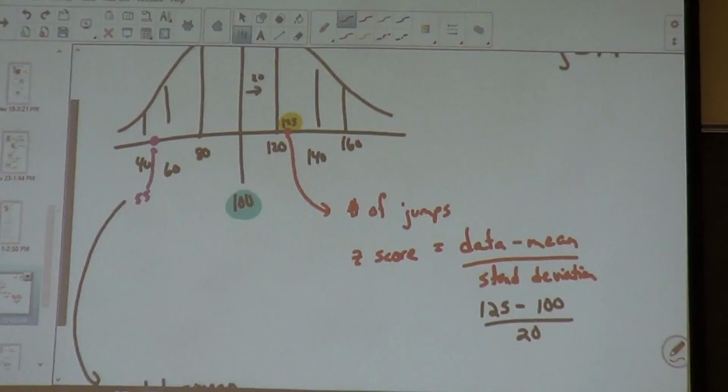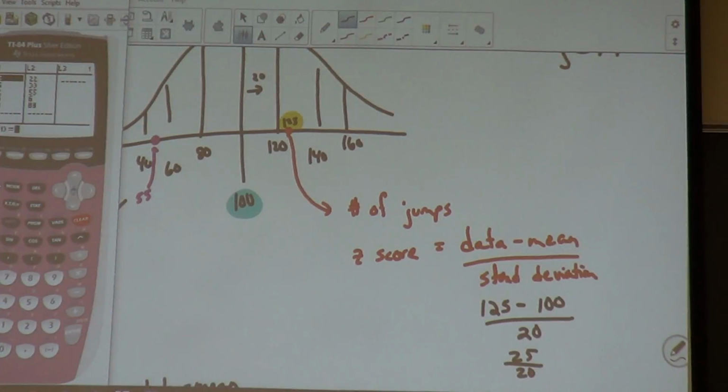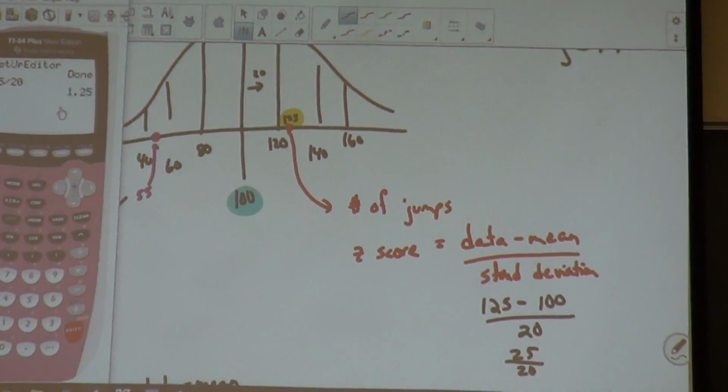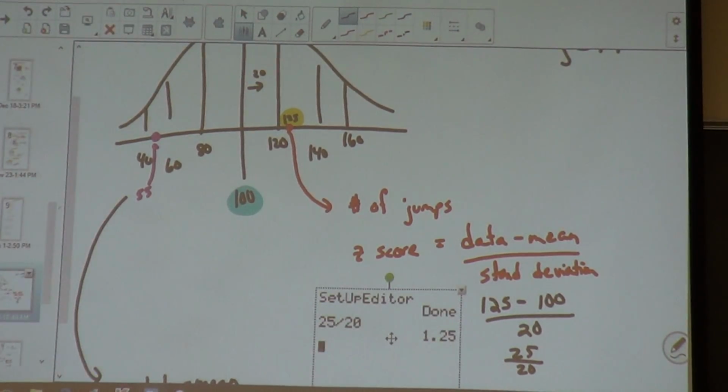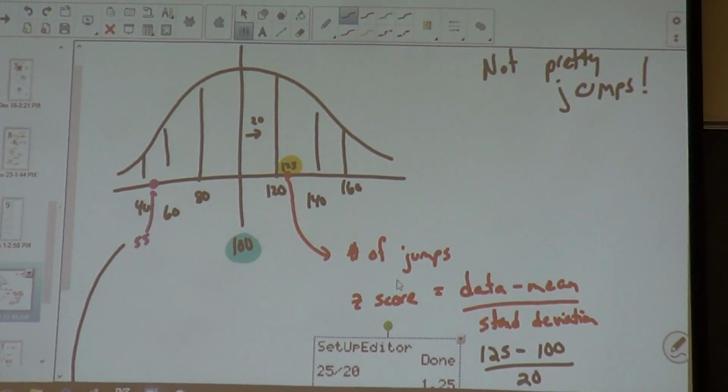So that would be 25 over 20, which is telling me that my z-score is 1.25, which tells me that my point is 1.25 jumps away. I went 1 and a little bit of jumps.